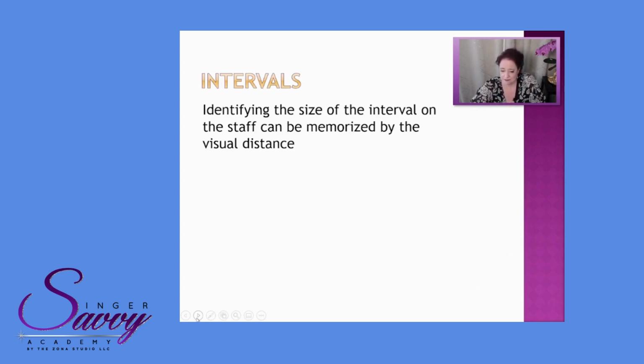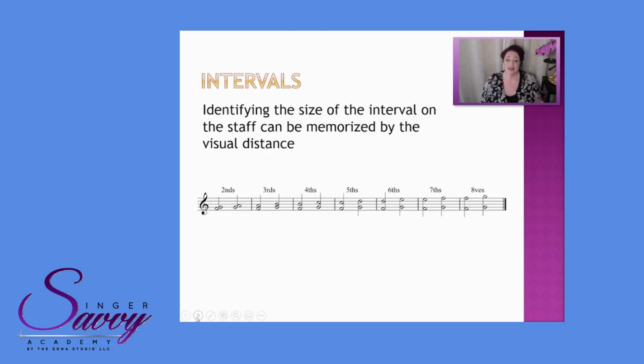Now, identifying the size of the interval on the staff can be memorized by visual distance. All right? So if you look at this, a second is always going to be represented on the staff by 2 notes that are right squished next to each other.